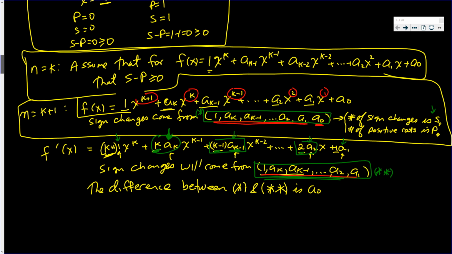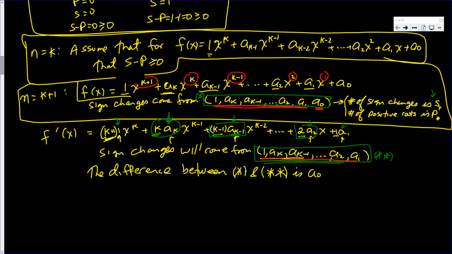Okay. Now, there are two situations to consider. Suppose the number of sign changes from f prime of x is S prime, and the number of positive roots is P prime.